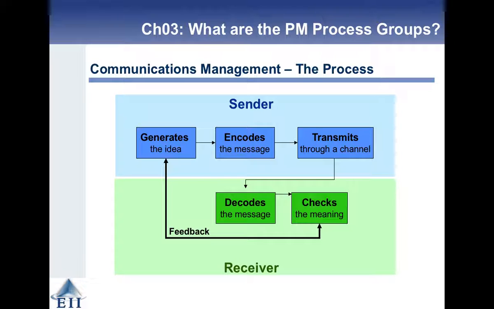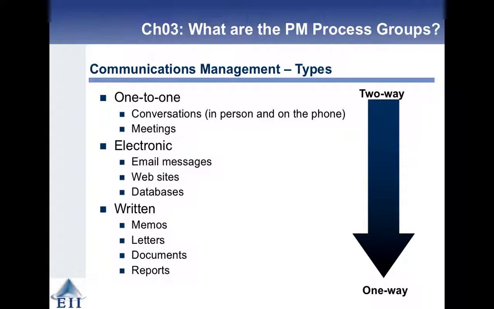The receiver decodes the message, checks the meaning, and gives feedback. You need to get that feedback to make sure your idea got across. If you don't get the right information coming back, then maybe you miscommunicated and you need to try again.